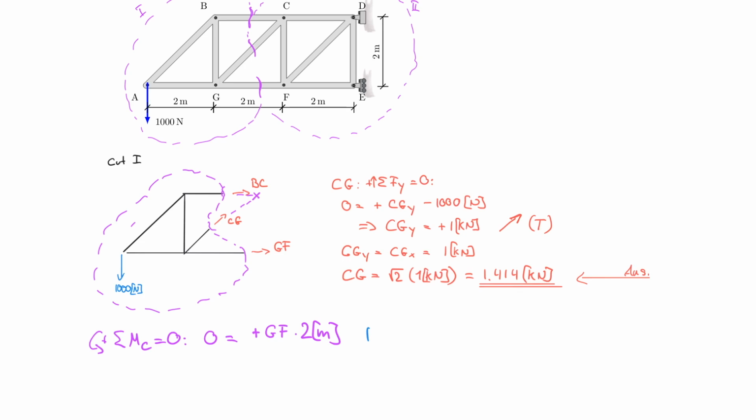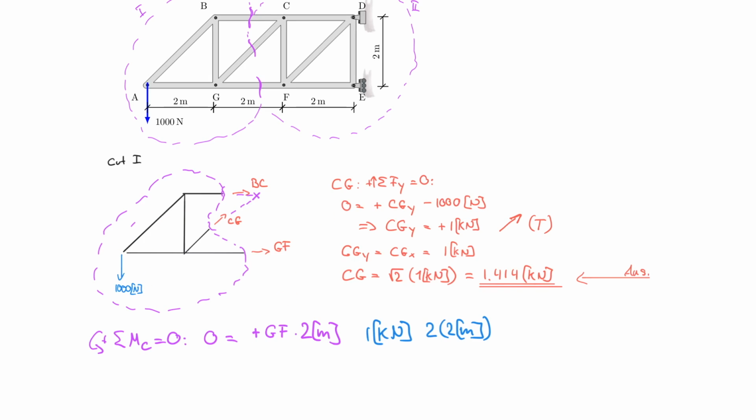And then I also have the 1000. Well, I'm going to make that a kilonewton in this case. So 1 kilonewton, and that is multiplied by, be careful now, 4 meters, right? So 2 times 2 meters. Let's write it down this way, 2 times 2 meters. And my rotational sense is turning about that point this way around, so that is counterclockwise.